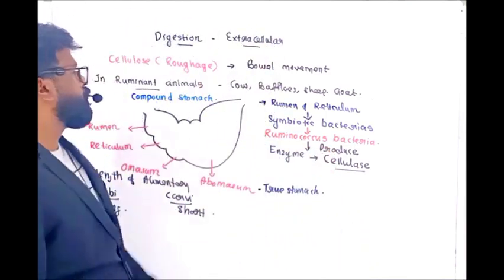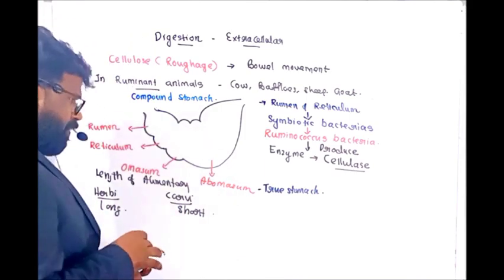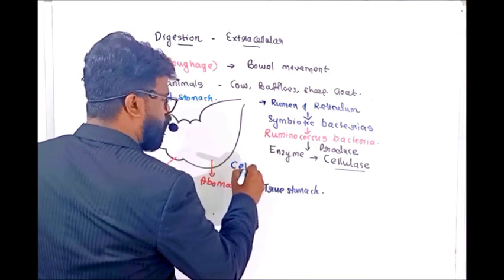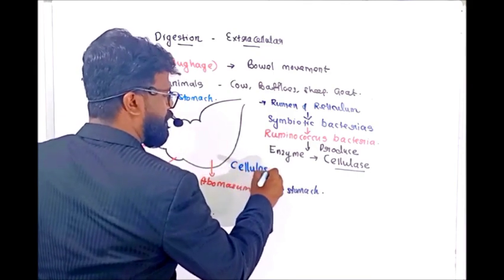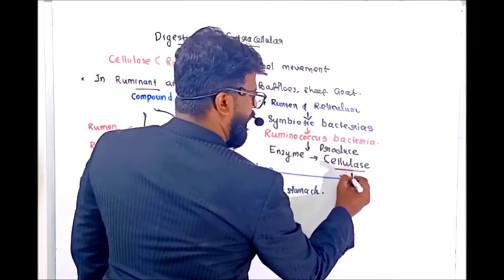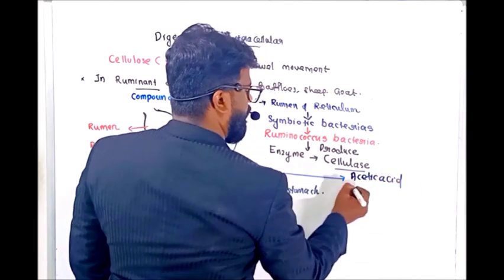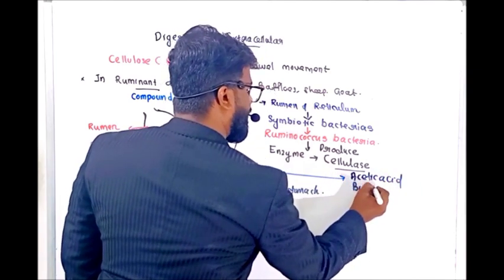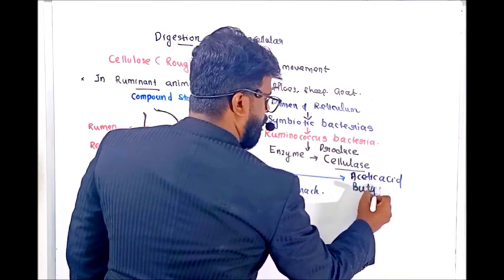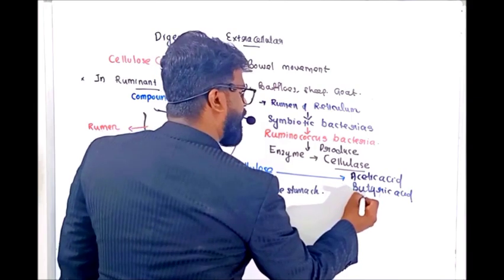Okay. So these bacteria produce the enzyme cellulase. Then what is the role performed by the cellulase here? It acts on cellulose and hydrolyzes it to acetic acid, butyric acid, and propionic acid.